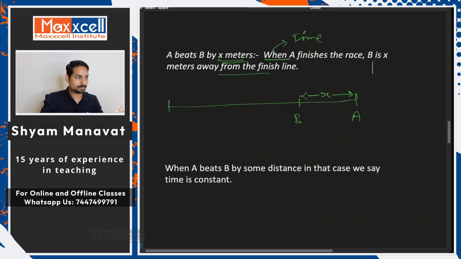I hope that's clear. So what are we trying to say? When A beats B by some distance, in that case time is constant, time is same for both, right? Note this down: when A beats B by some distance, then we say time is same.